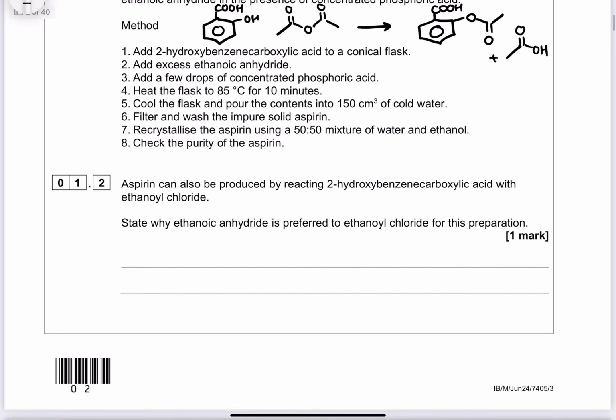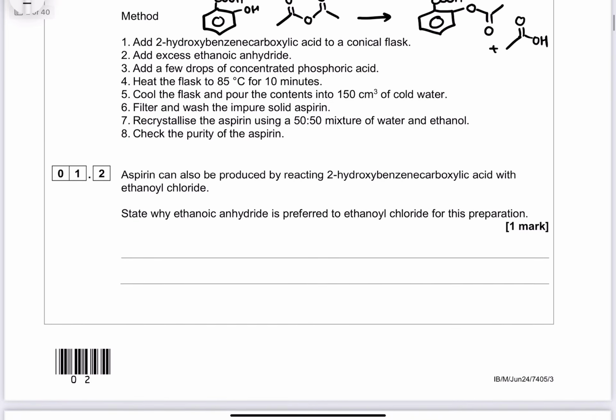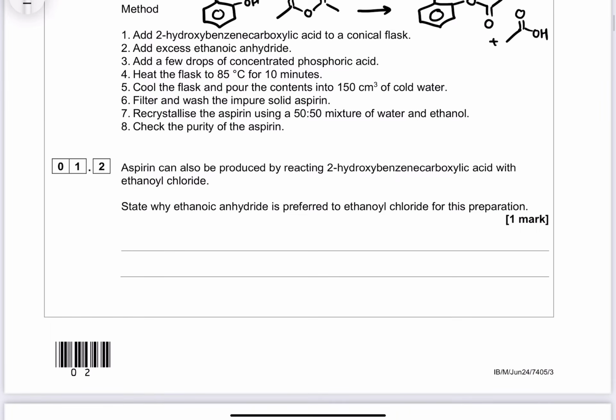Aspirin can also be produced by reacting 2-hydroxybenzene carboxylic acid with ethanoyl chloride. State why ethanoic anhydride is preferred. Well, there's lots of reasons here, but one of them would be that ethanoic anhydride is less corrosive than ethanoyl chloride.